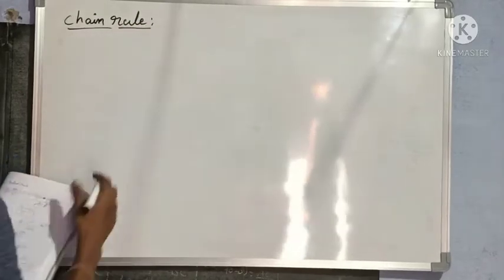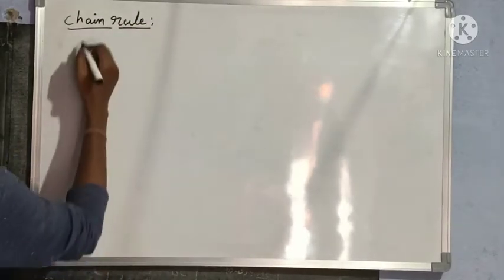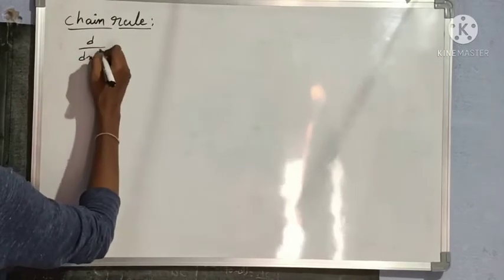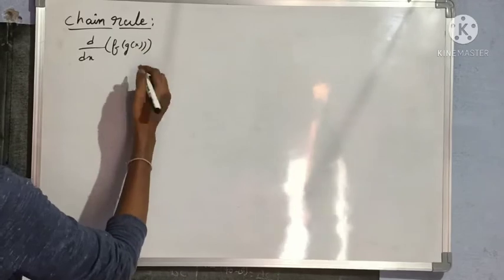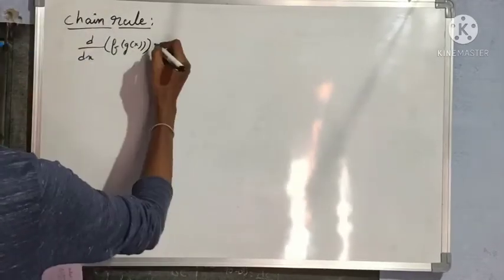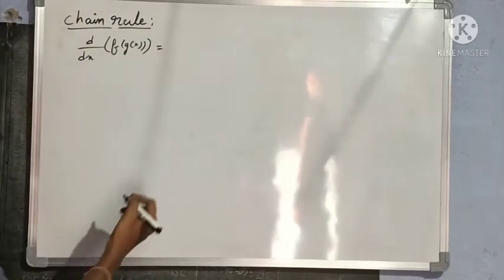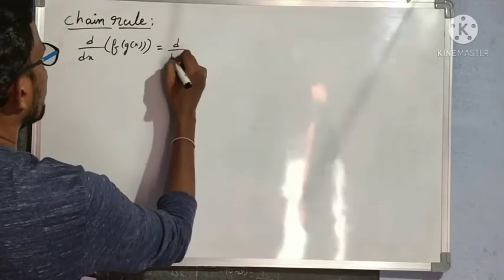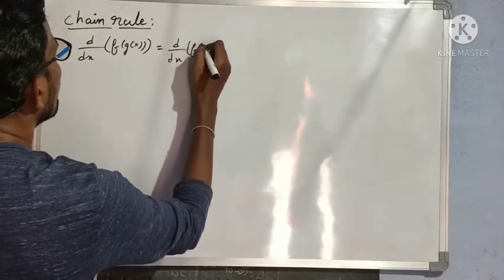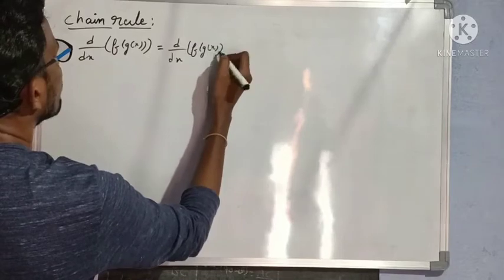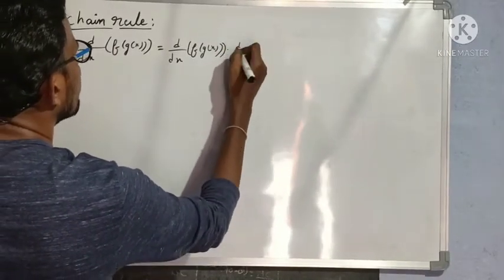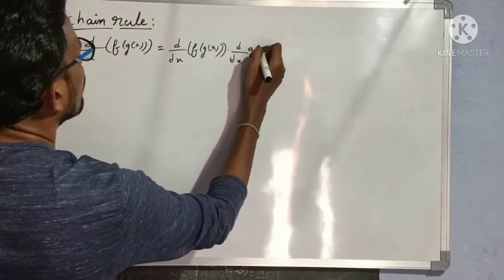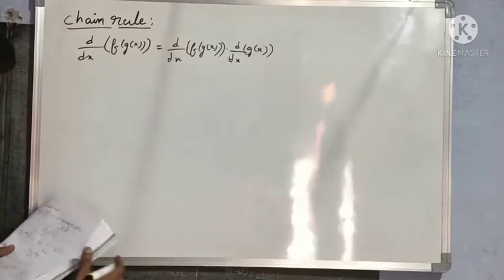So what is there in chain rule? d by dx of f of g of x is equal to d by dx of f of g of x into d by dx of g of x. This is the formula.